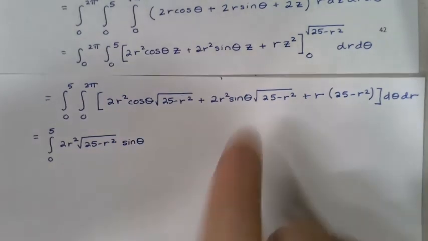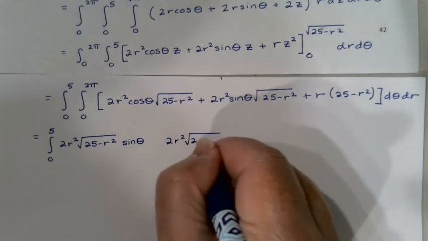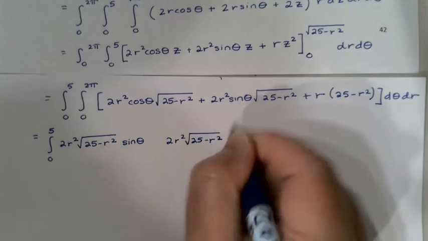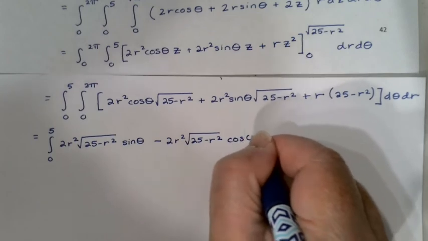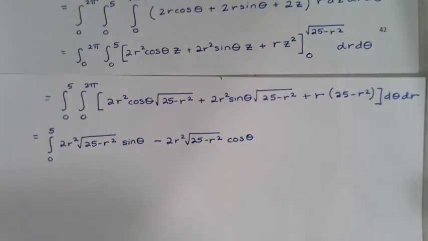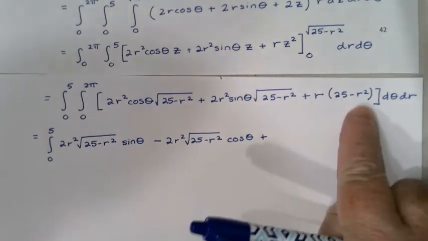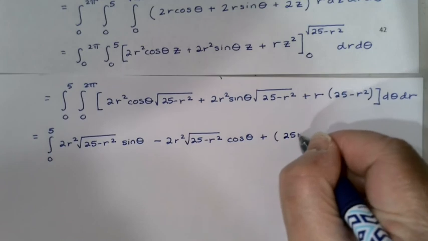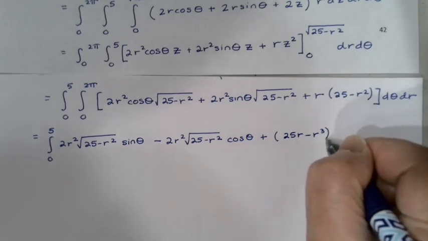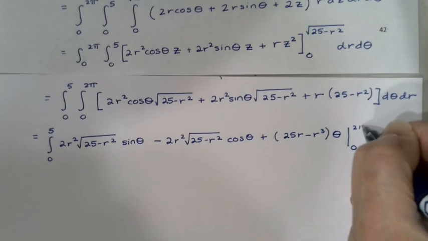Here again I'll have that 2r squared, square root 25 minus r squared. And integrating sine theta gives me a negative cos theta. Plus, all of this is constant with respect to theta. So I'm just going to distribute that and make that 25r minus r cubed all times theta. And theta goes from 0 to 2 pi.